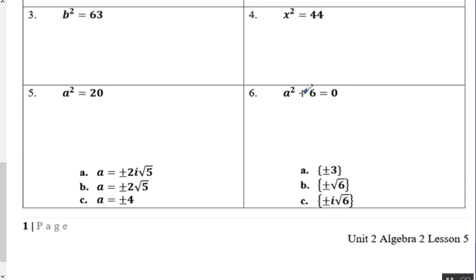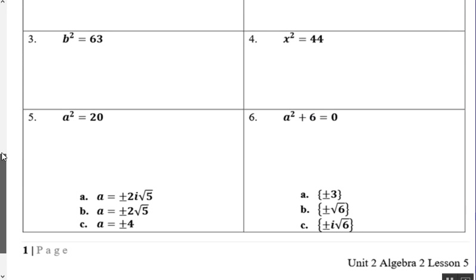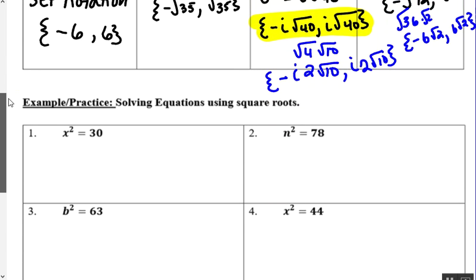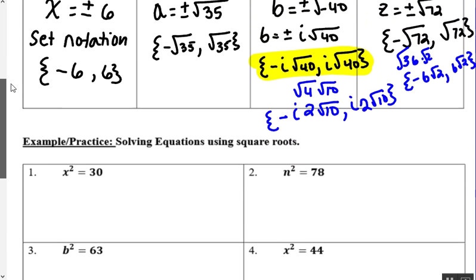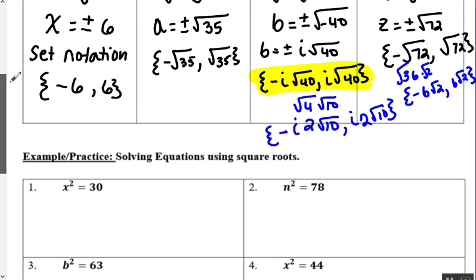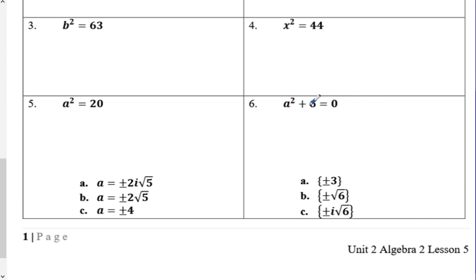And the last one I wanted to do was number 6. Problem number 6, only because it has this plus 6 here. This is again just simplifying it. We're gonna get the a squared by itself by subtracting 6 on both sides.